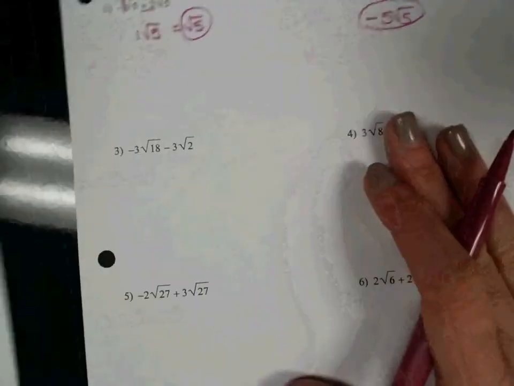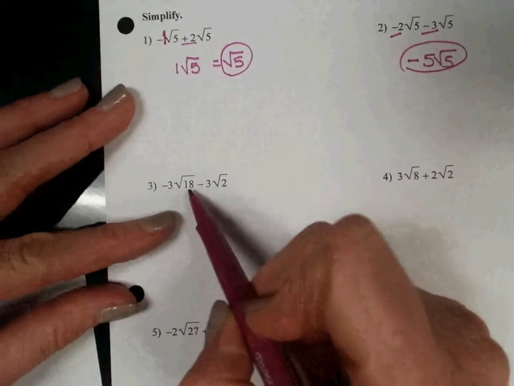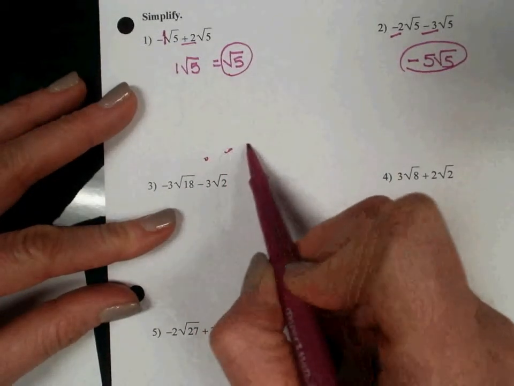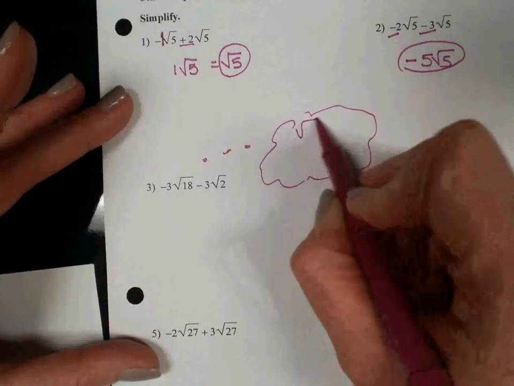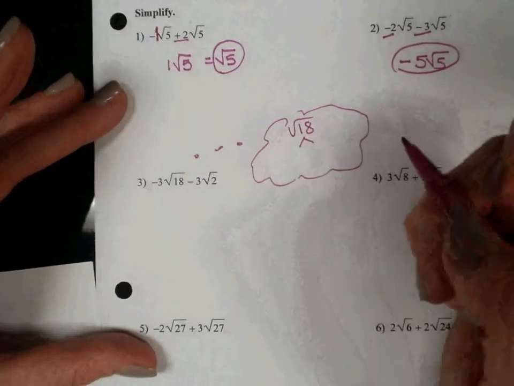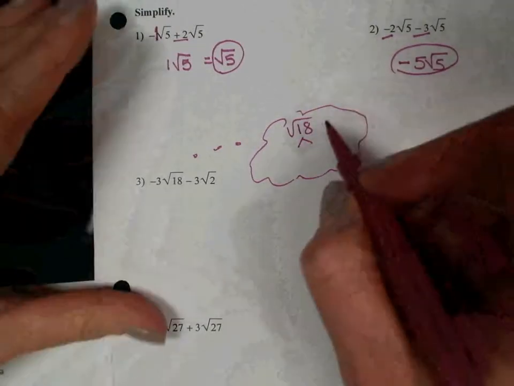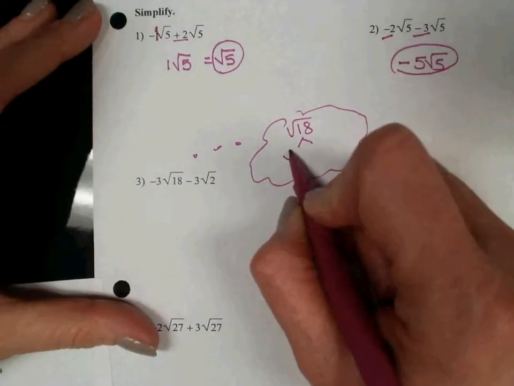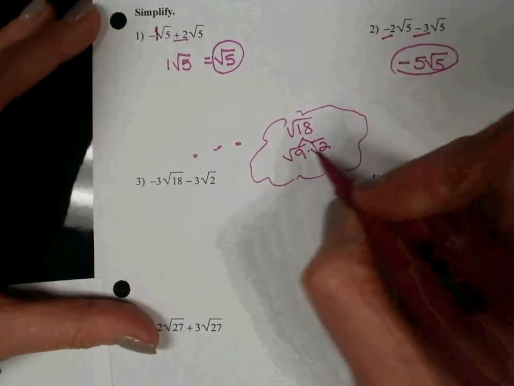Number 3 is a little different because when you look at radical 18, hopefully you're thinking that radical 18 can be simplified. I can look for perfect square factors of 18. 9. So I could write this as radical 9 times radical 2, which would then simplify.